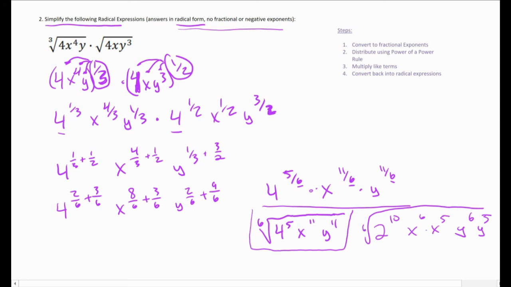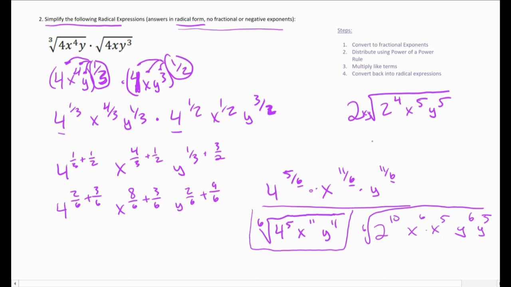But my final answer, if I was being super picky on this, would be 2, and what's left over here is 2 to the power of 4, x to the power of 5, y to the power of 5, and 2 to the power of 4 is just 16.